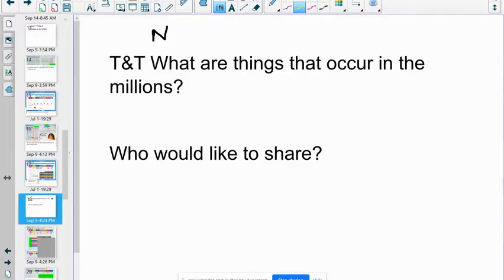If we were in class, we would do a turn and talk about things that are in the millions, so things that occur in this really large number of millions place value. So how can we do that in this format?